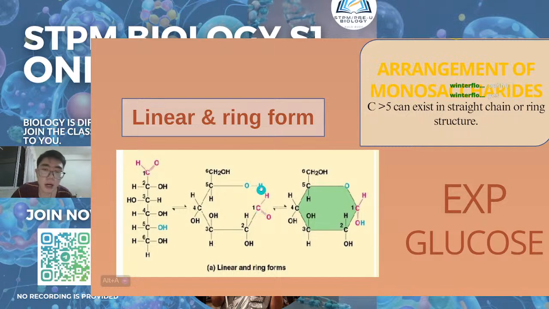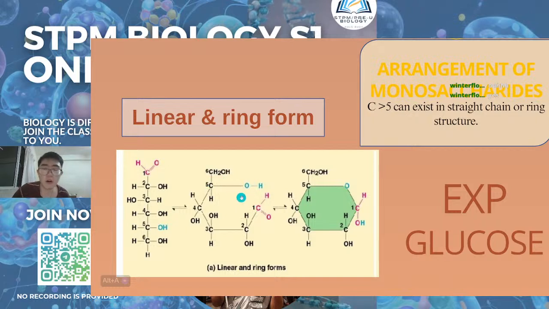How about this hydrogen atom? This hydrogen atom will go to the O of C number 1, so finally you will form this. That is the structural change for C number 1 and also C number 5.